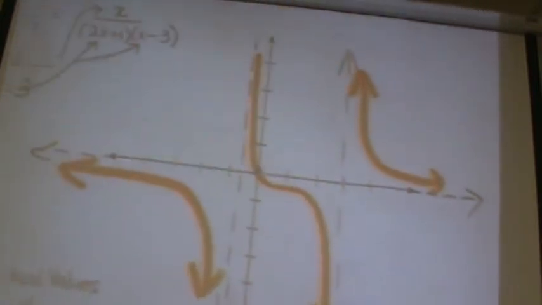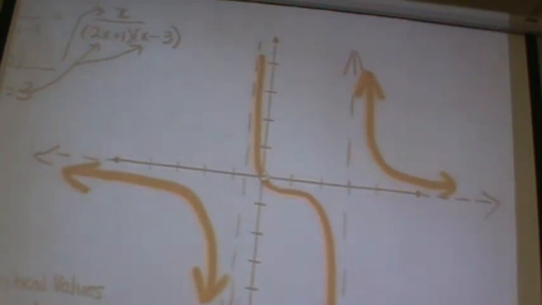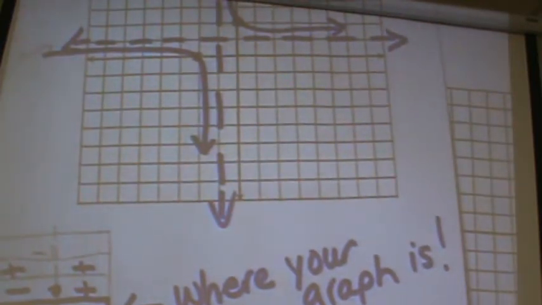Here's one. How are you gonna know where to go? So that's why it's important to be able to do these with an exclusion chart. So with practice, we're gonna get there.